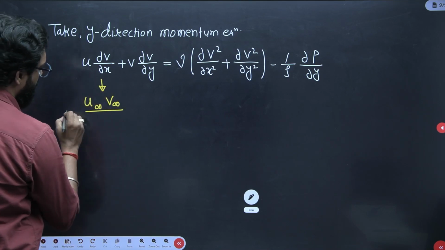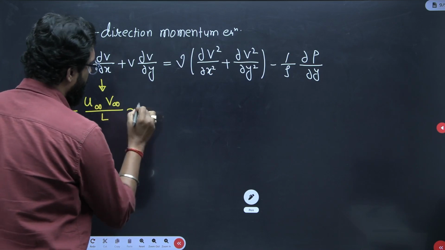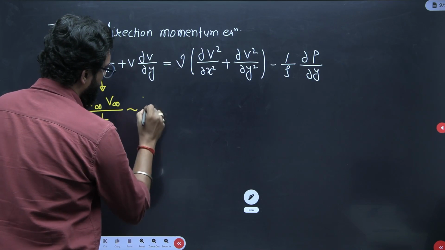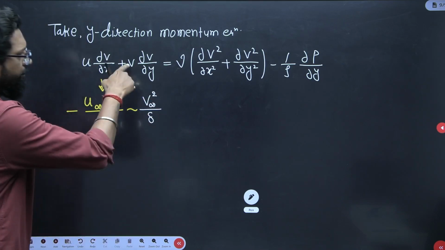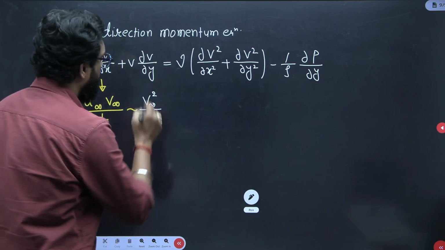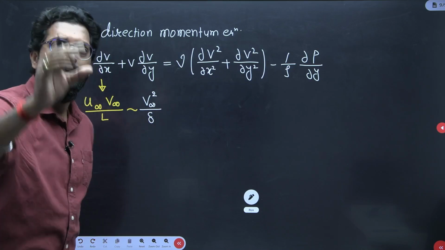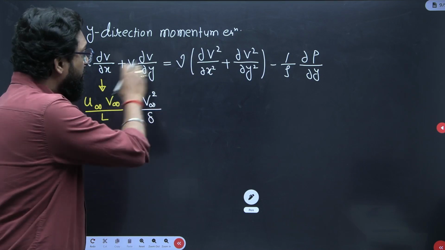L. What is the order of magnitude of the next term? v, v infinite, and this v, v infinite, so v infinite squared divided by delta. Don't bother about the numerical value or the differential term; only take the order of magnitude.